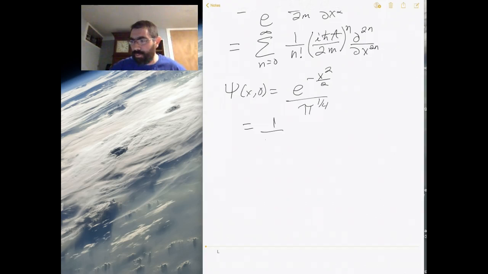So we have 1 over pi to the 1/4 power, the sum of n equals 0 to infinity, minus 1 to the n power over n factorial 2 to the power n, and then this is x to the 2n.